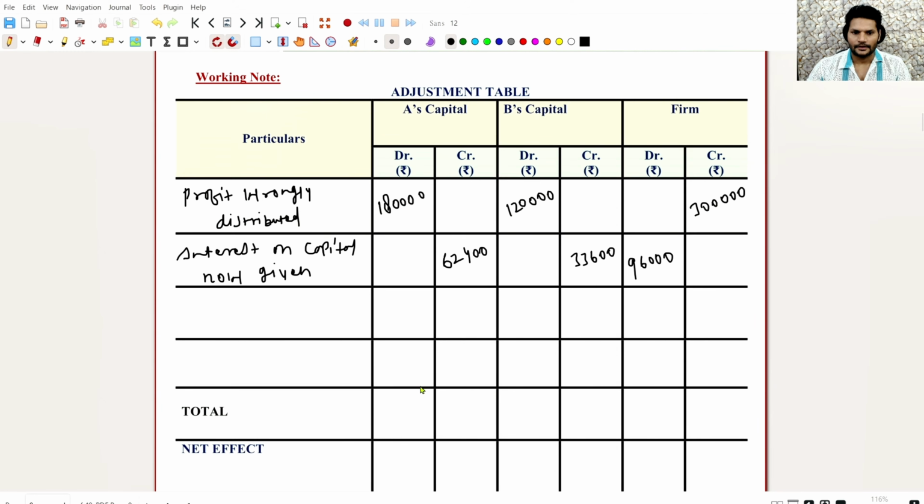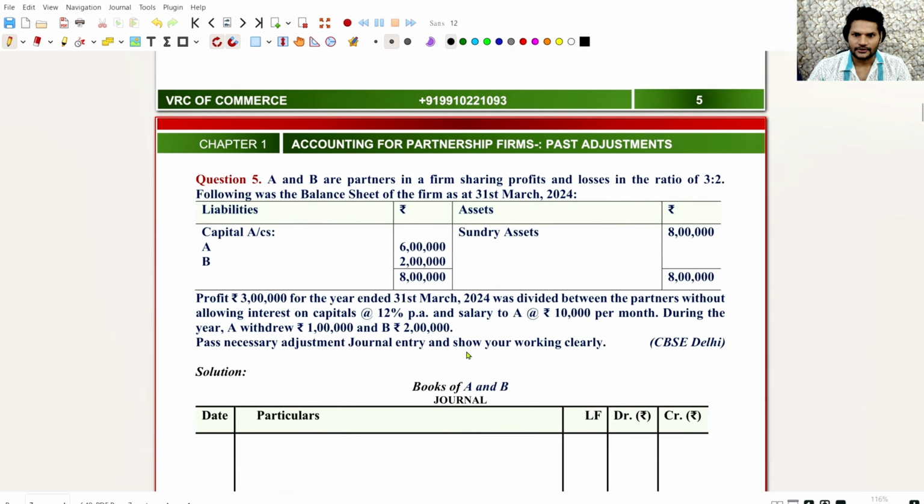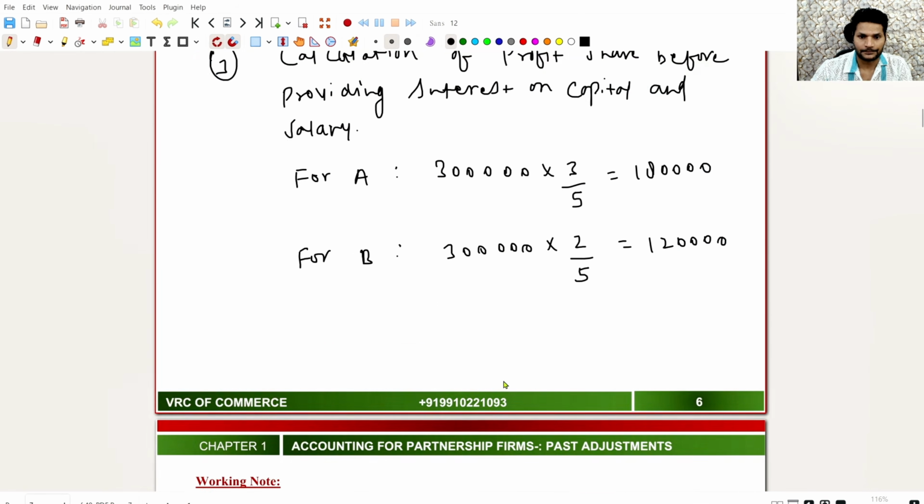Okay, perfect. So let's provide the salary. Let's check the question. What is the salary? Salary given to A is 10,000 per month. Remember, it is given per month, so you need to calculate the salary for 1 year by multiplying it by 12. If you multiply it by 12, you will get 1,20,000.